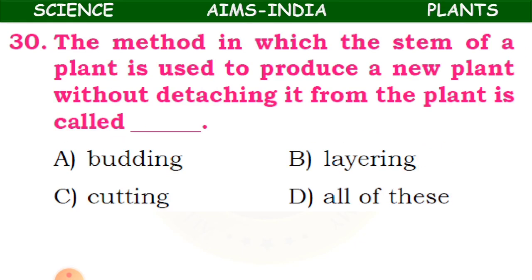The method in which the stem of the plant is used to produce a new plant without detaching it from the plant is called. Children, we have learned how in the reproduction process, in different methods, the plant is grown, through cutting and all that. So without cutting the plant from the mother plant, how is another plant grown?